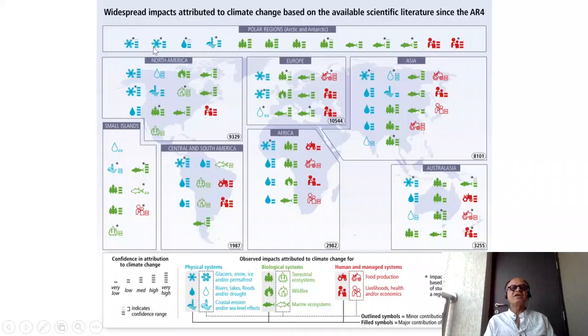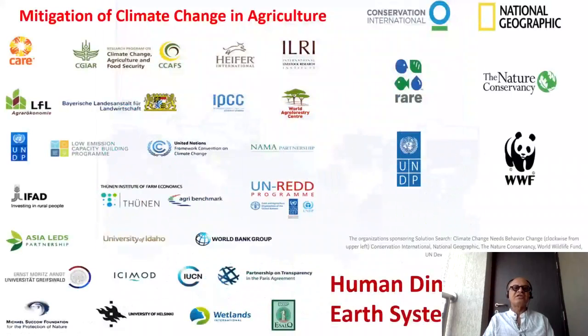The main point I would make is that all these systems are affected in all regions of the world, including small islands, polar regions, and all continents. And the confidence level varies, but it's very clear that we have basically had a big footprint on all sectors, all continents across the world.